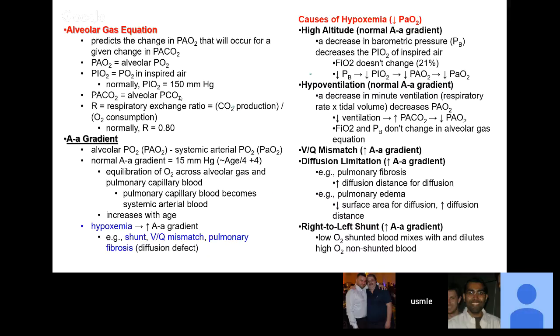So the representation would be the big A would be alveolar, the small a would be arterial, and anything that is I is inspiration, anything that is E would be expiration.